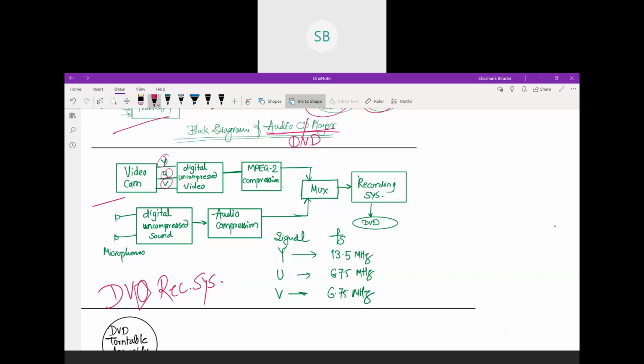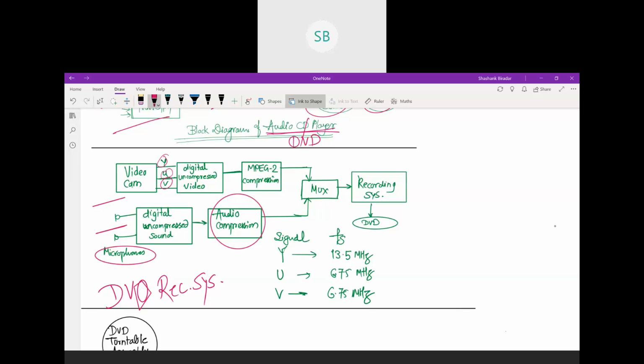In that we also mentioned what kind of compression technique is used. So for digital data, MPEG2 compression is used to compress the video information as far as DVDs are concerned. Understood?